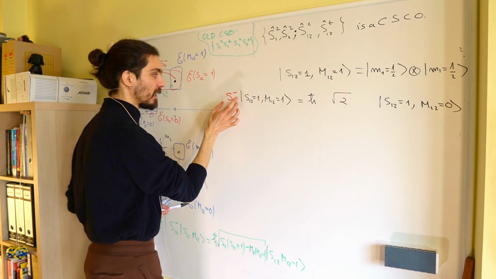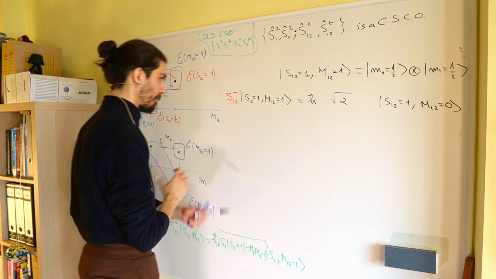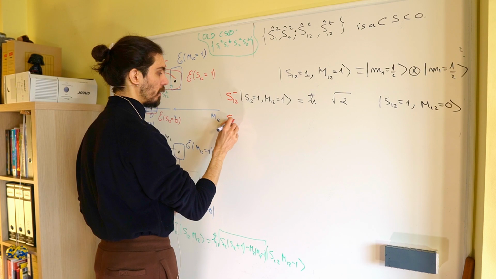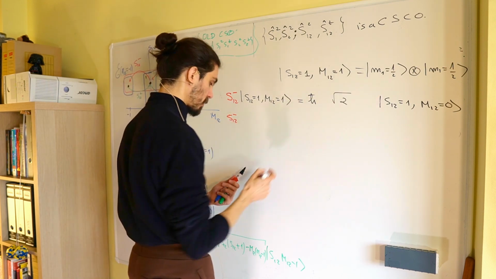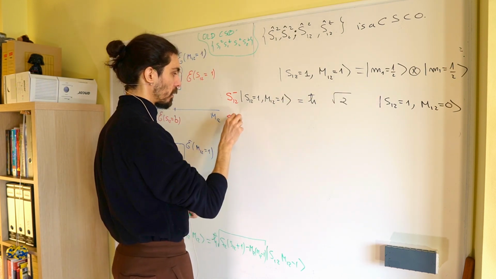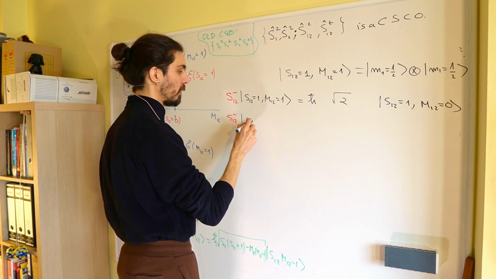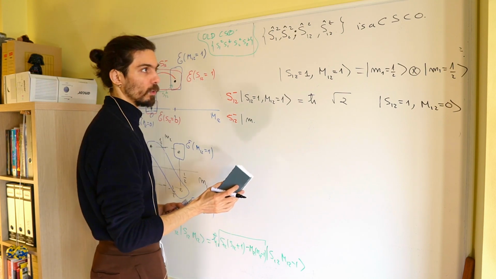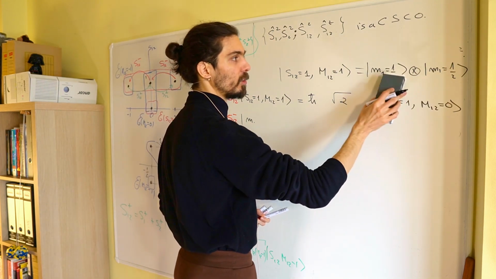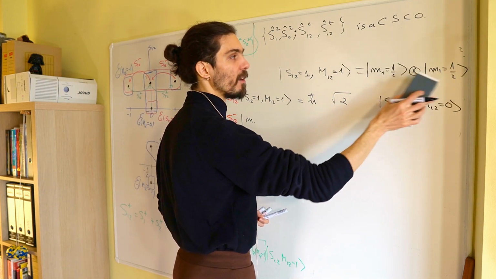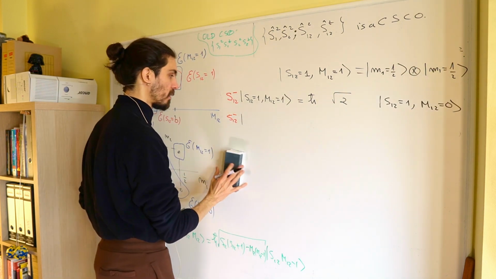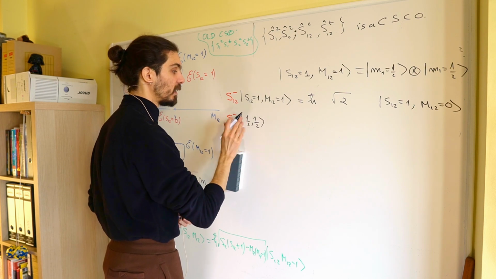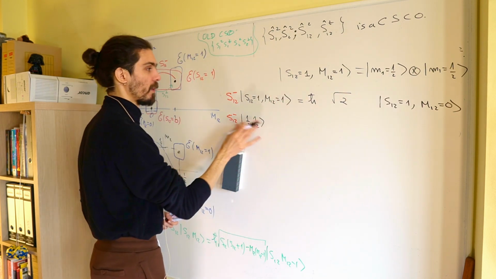So we just acted with this on this side. Now let's act with this on the other side, S minus on this tensor product. I want to make the notation shorter, otherwise I don't have space. Let me combine these two into 1f and then 1f. This is just notation for that. Remember, it's a tensor product.